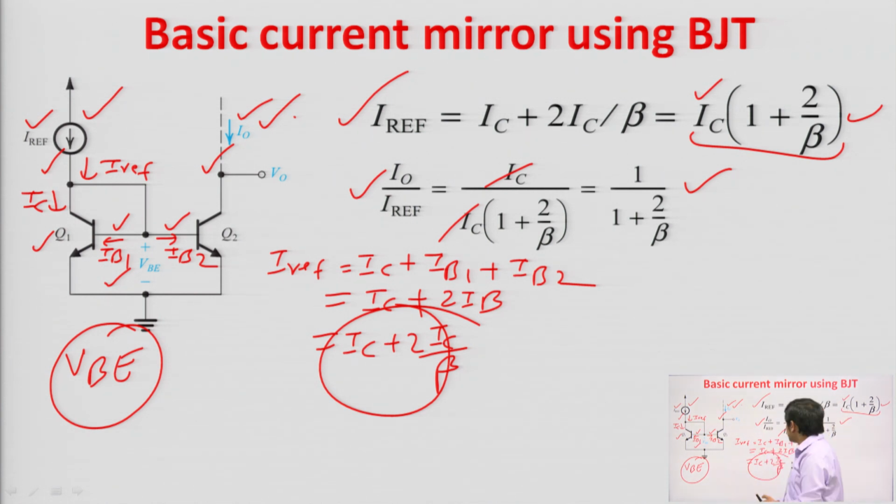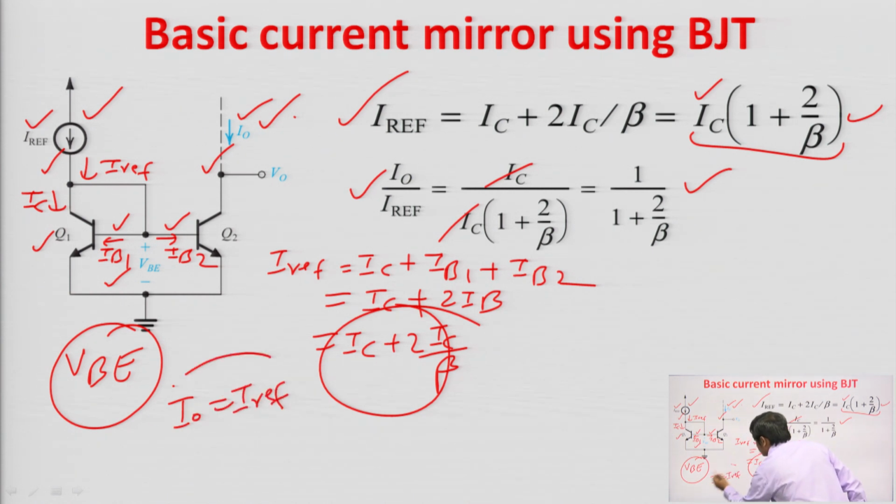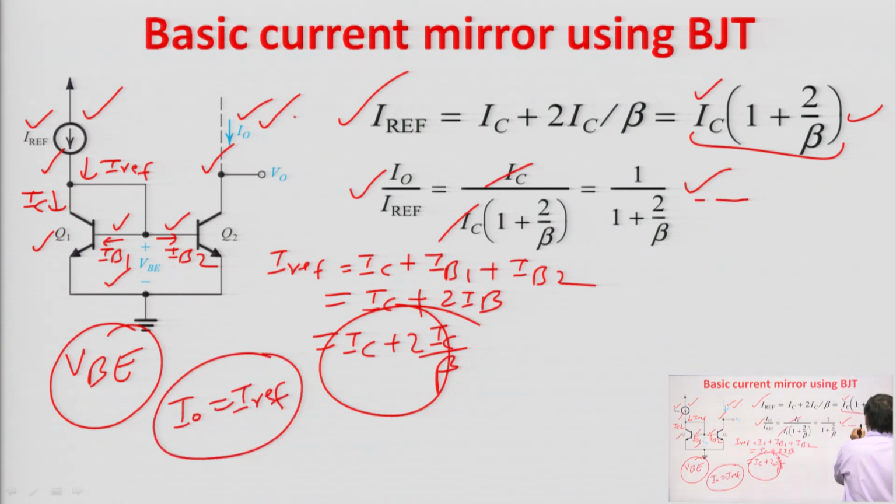So, this is the relation between output current and input current of basic current mirror, that is 1 upon 1 plus 2 by beta, and of course, what we want? We want I naught is equal to I reference. So, just see this equation, let us say this is equation A. In which case will we get I naught upon I reference equal to 1? If your beta is equal to infinite. If beta is infinite, then 2 by beta will be 0, then I naught will be equal to I reference.